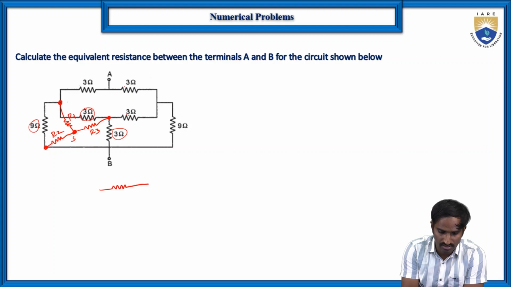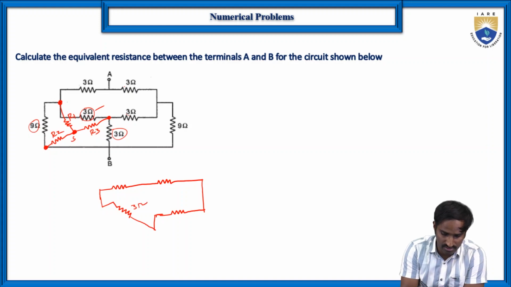So these 3 and 3, and here one more 3 is also there. Let us draw this one like this. This is this 3 ohms, this 3 ohms, and another one is this, which is 9 ohms. Another 3 ohms is there.